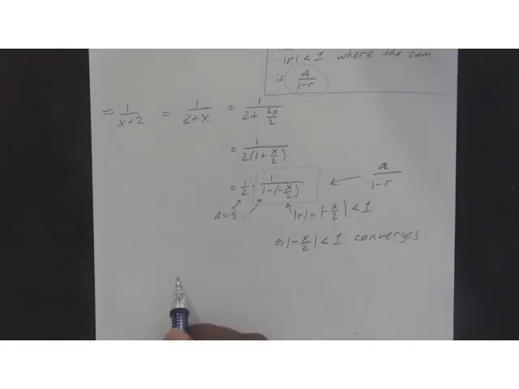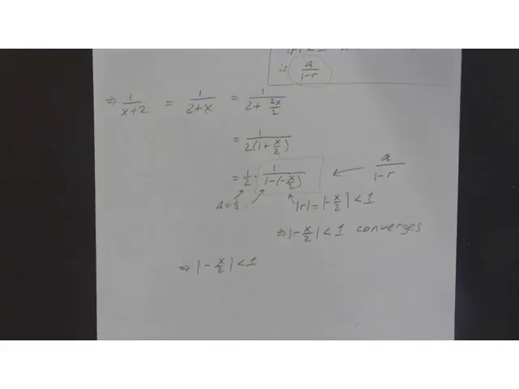Okay. So if we take our absolute value of negative x over 2 is less than 1, you can get that negative 1/2 and factor it out. So the absolute value of negative 1/2 is just 1/2.